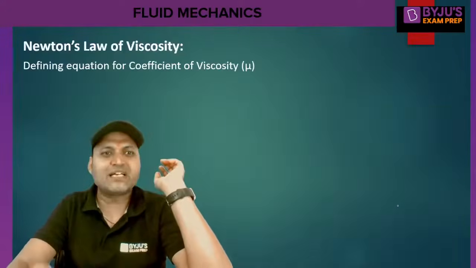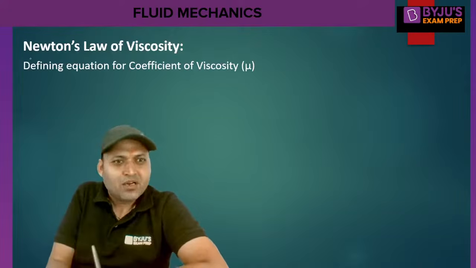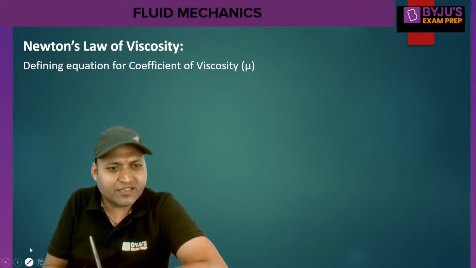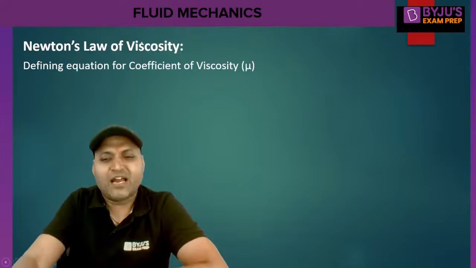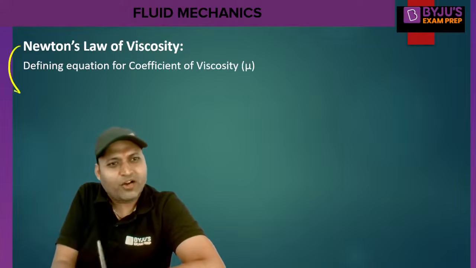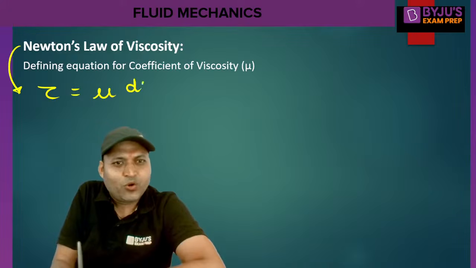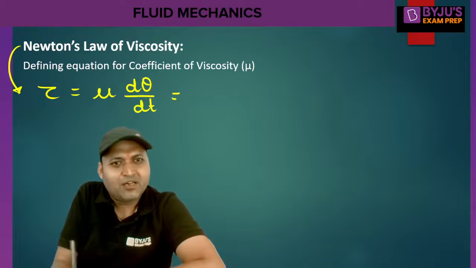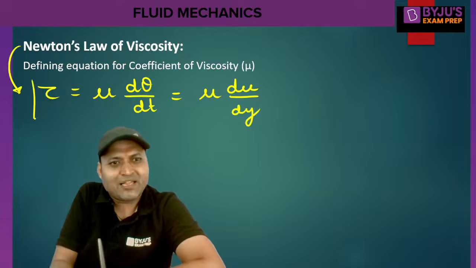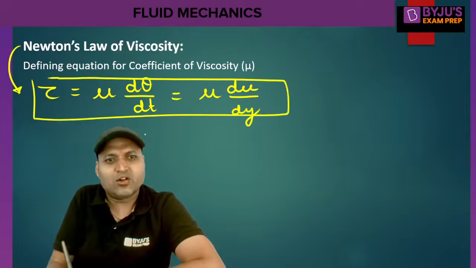And now Newton's law of viscosity is defined. According to Newton's law of viscosity, which gives the defining equation for coefficient of viscosity, the shear stress developed is mu into rate of angular deformation, or mu into du by dy. That is the mathematical expression for Newton's law of viscosity.